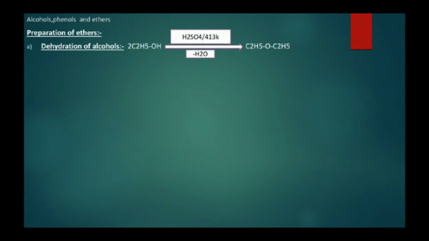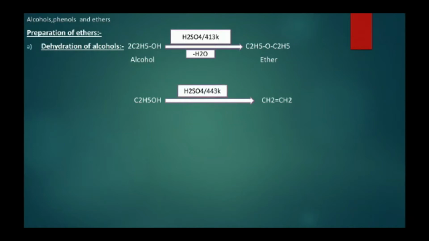The important part of this reaction is to maintain the temperature. See this example, ethyl alcohol C2H5OH, when heated with H2SO4 at 443 Kelvin temperature, gives an elimination reaction. After dehydration it converts into ethene.